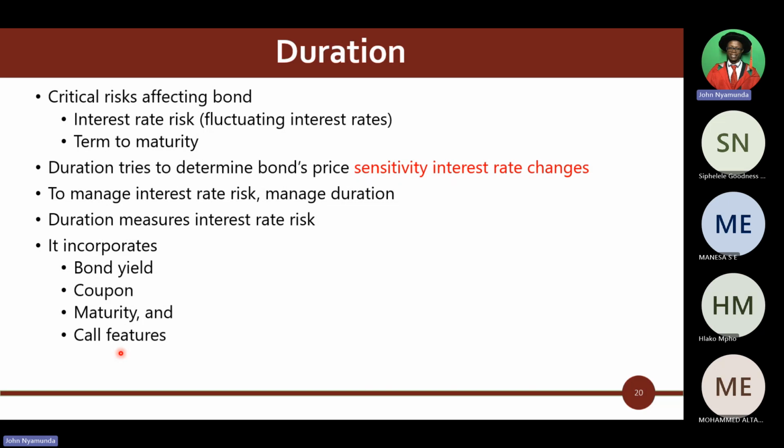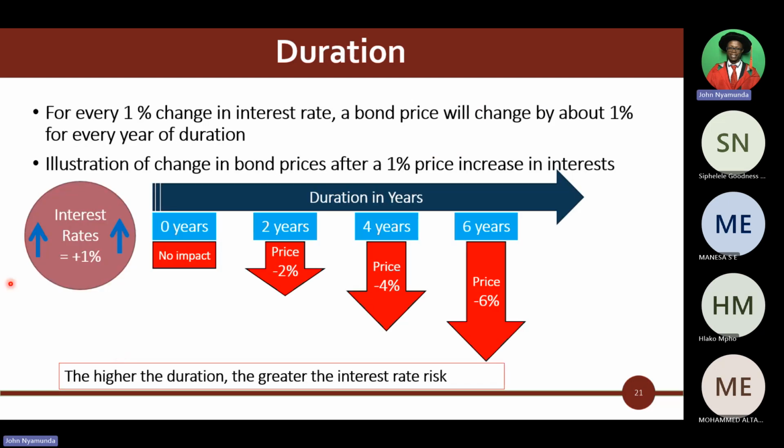To manage that interest rate risk, we use what we call bond duration. In theory, bond duration says for every 1% change in interest rates, the bond price will change by a corresponding percentage per year of maturity.